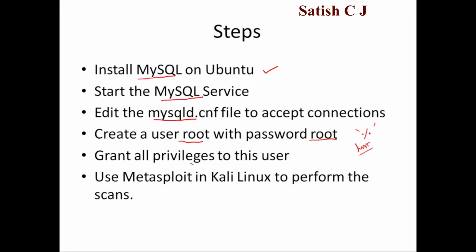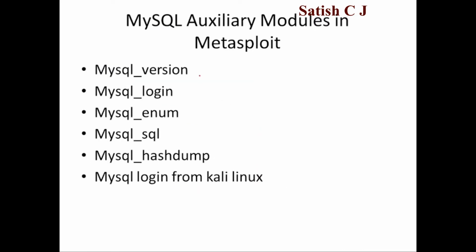We are going to grant all privileges to this user, and finally we are going to use Metasploit in Kali Linux to perform the scans. The modules in Metasploit we are going to use are the MySQL version module and other auxiliary modules. We have already discussed Metasploit in three to four videos I put up. If you're new to the Metasploit framework, please have a look at those video lectures.